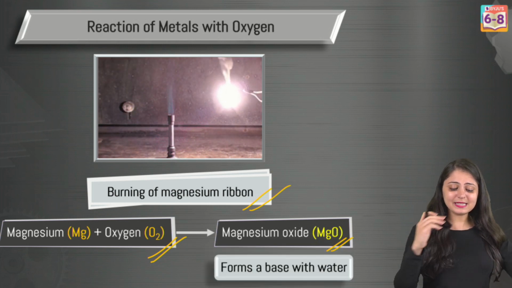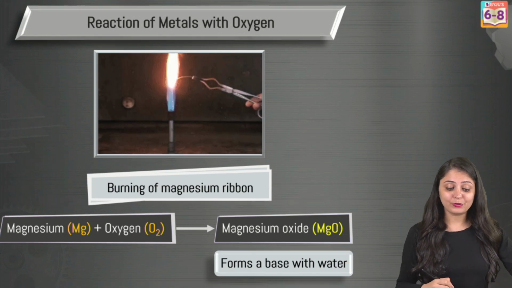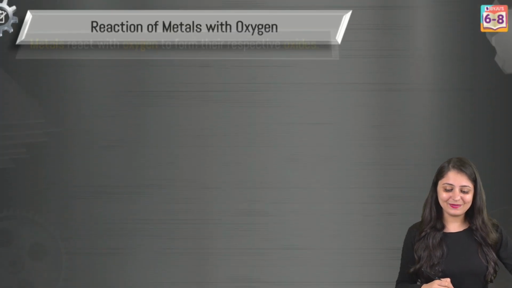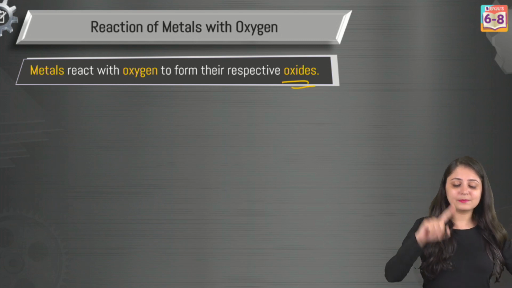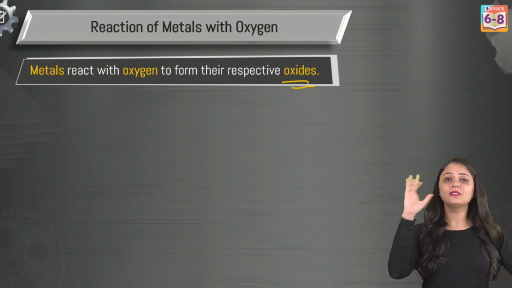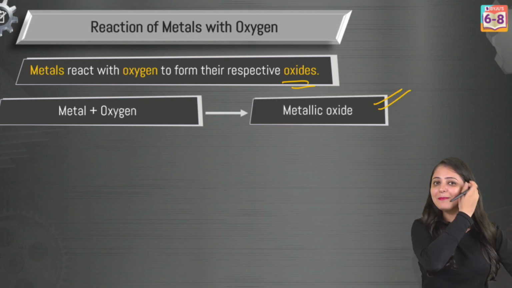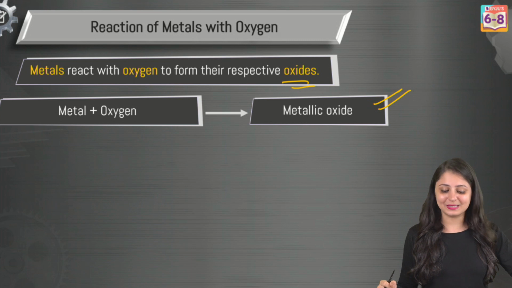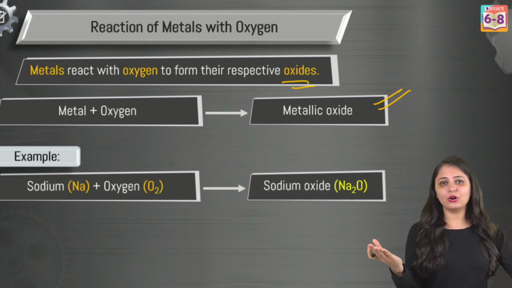And this magnesium oxide actually forms a base with water. So in a way, we can say that metals react with oxygen to give the corresponding oxide, the respective oxide. So this is going to be the general equation for the same: metal reacting with oxygen to give you the metallic oxide. So magnesium is a metal, we all know.